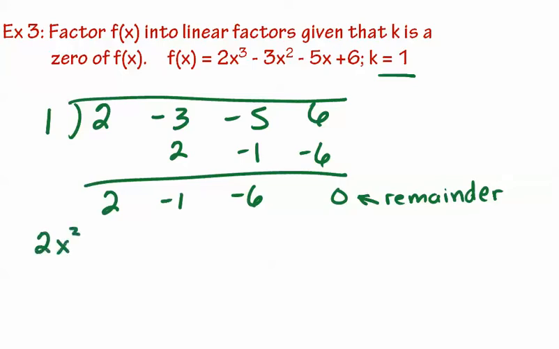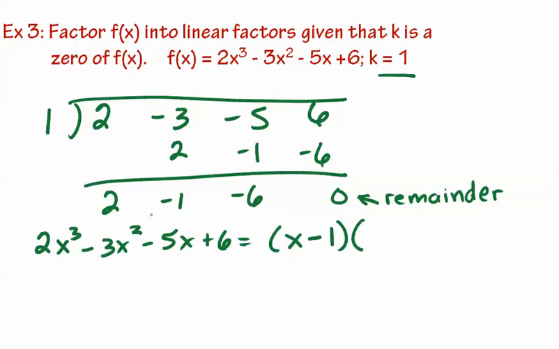We know that 2x cubed, our original function, minus 3x squared minus 5x plus 6, is equal to the factor. Now be careful, if 1 is the 0, then it came from x minus 1 as the factor, and the other factor comes from our coefficients here.